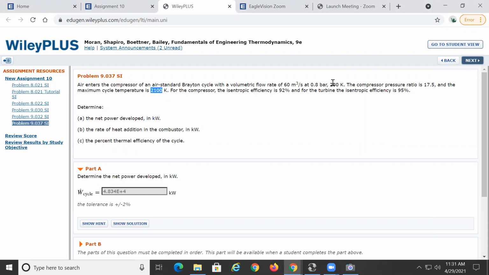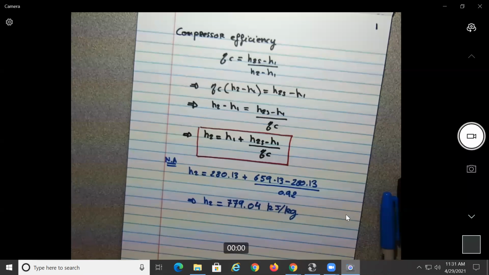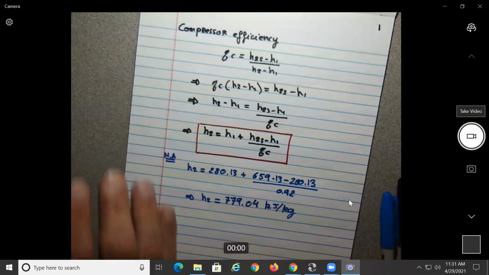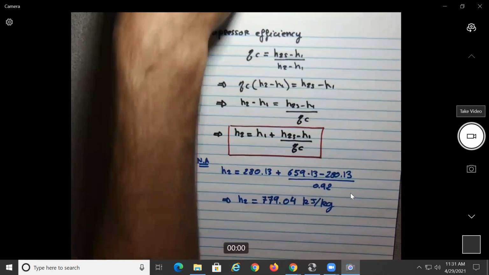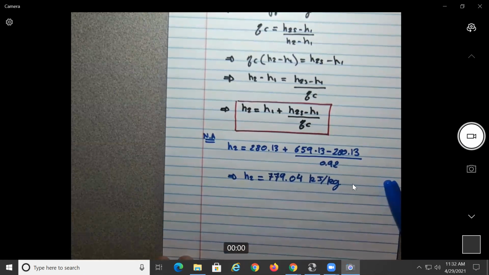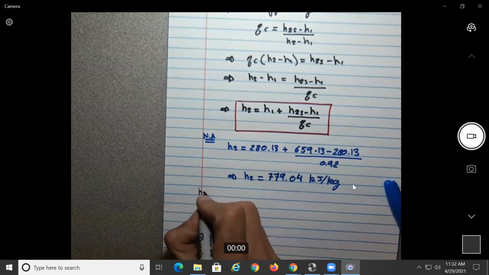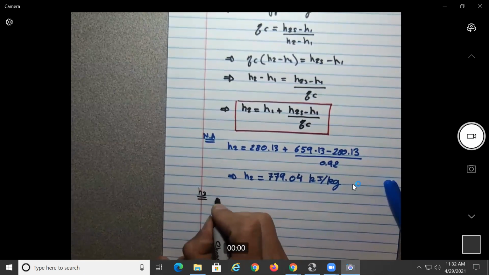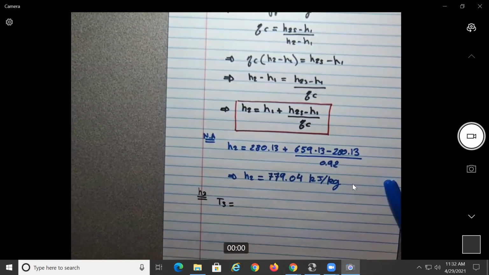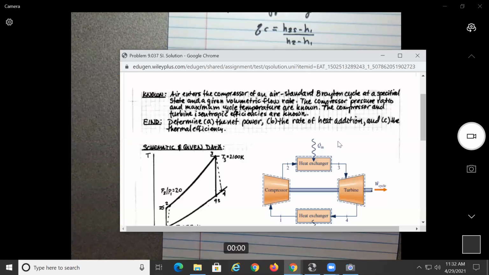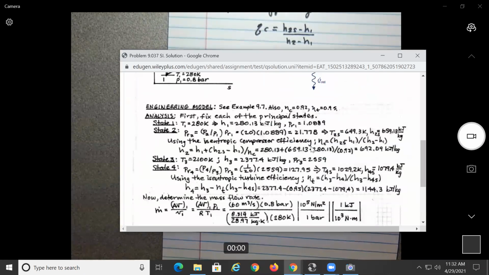So let's put here, to find H3, we know T3 will be equal to 2100. I think that's the one they use here.